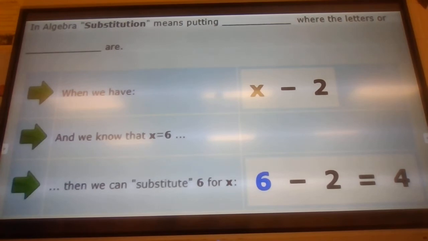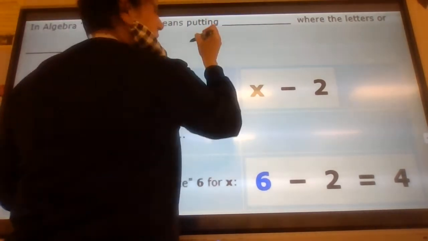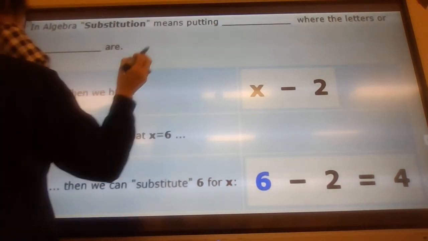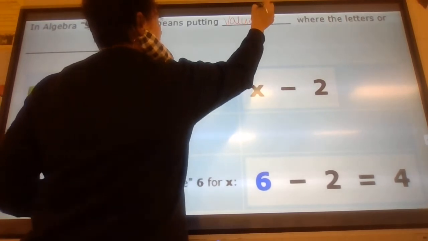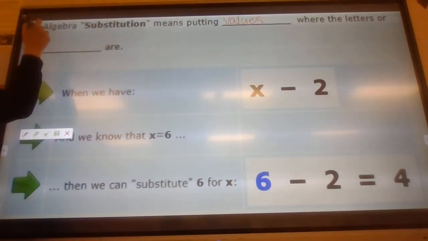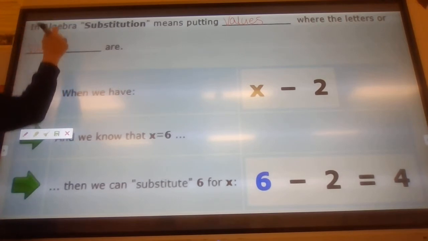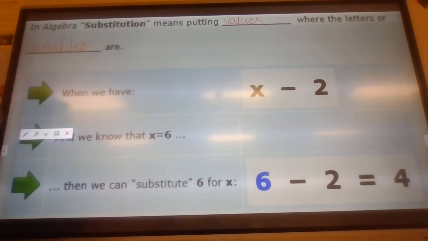So in algebra, substitution means putting values where the letters or variables are. Putting values for the variables. Okay? Putting values for the variables.